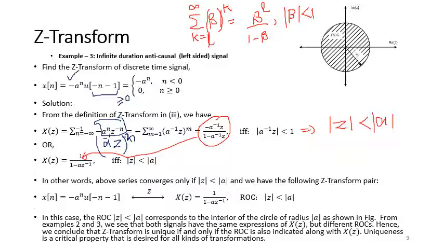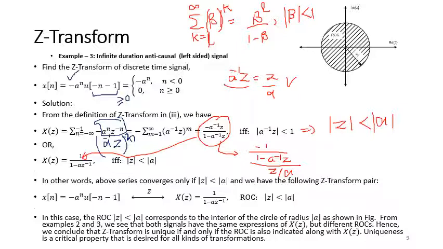And how do I get it? Let me write. A inverse of z can be written as z over a.